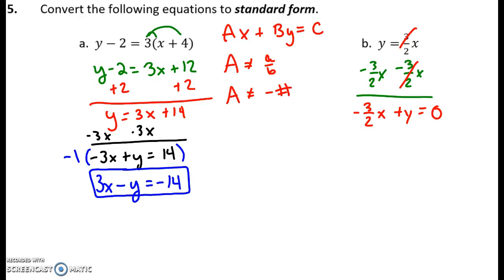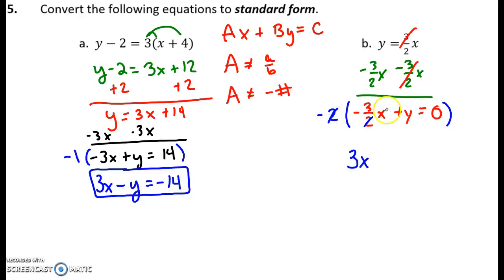Now, if you recall from earlier, a cannot be a fraction, which it is, and a cannot be negative. So I'm actually going to multiply everything here by the denominator and by a negative. So I'm going to multiply everything by negative 2. When you take negative 2 and you multiply this fraction, a negative times a negative, positive, this 2 and the denominator cancel out, so I'm left with positive 3x.